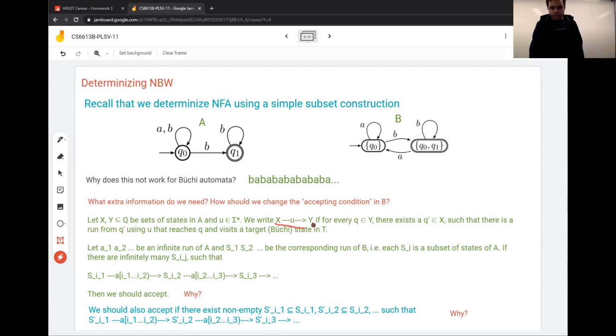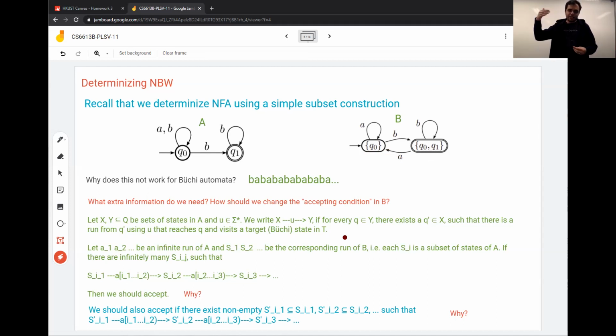So when I write this, this basically means that if you give me the automaton in a case where I know that we are in one of the states in X, I can be in any of the states in X. So this is the same construction as here. Then if we take the word U, then we are sure that we can be in any of the states in Y, right? It's actually very important that you understand this definition.